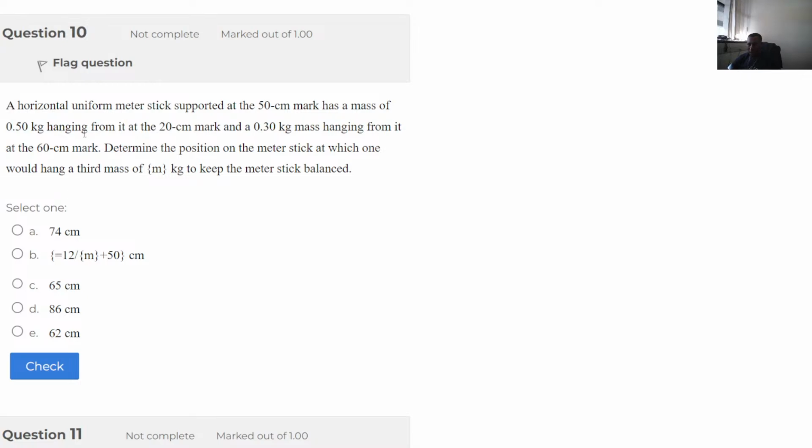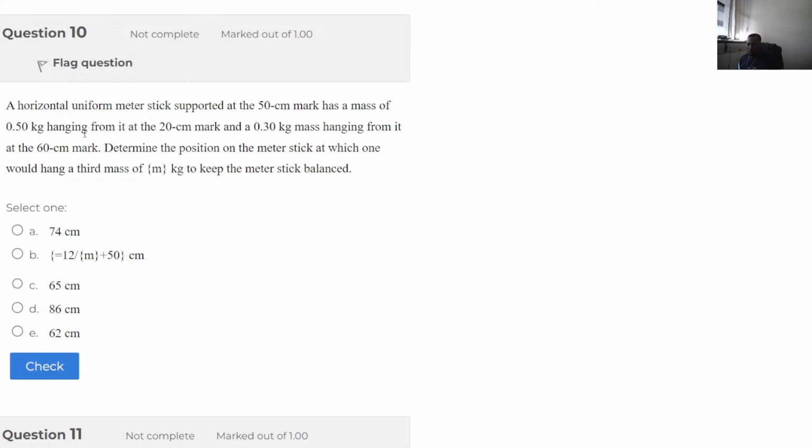It's a metric stick, 1 meter. I'm going to draw it big. This is 1 meter. You don't see what I'm drawing, you will see soon. It is supported at 50 centimeter, okay, means halfway. Its mass is going to be 0.5. At the middle, this is 50 centimeter. You don't see what I'm drawing, I'm just reading.